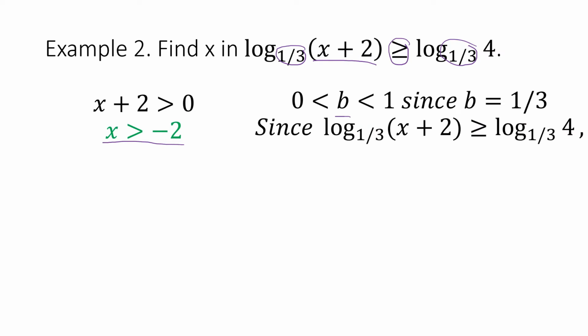That is, x plus 2 is less than or equal to 4. That happens if b is between 0 and 1, which in this case is 1/3.